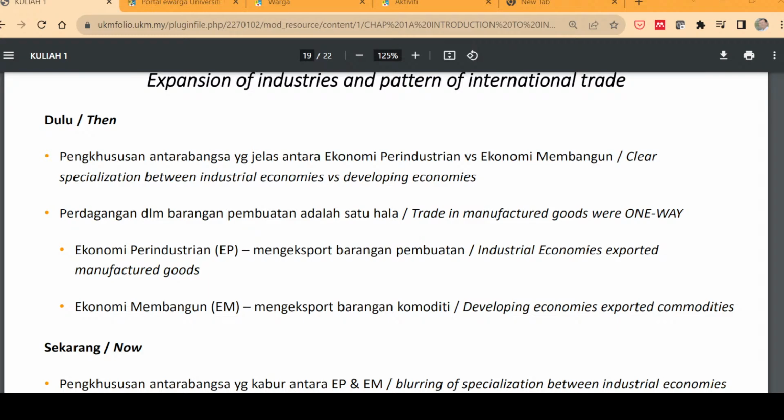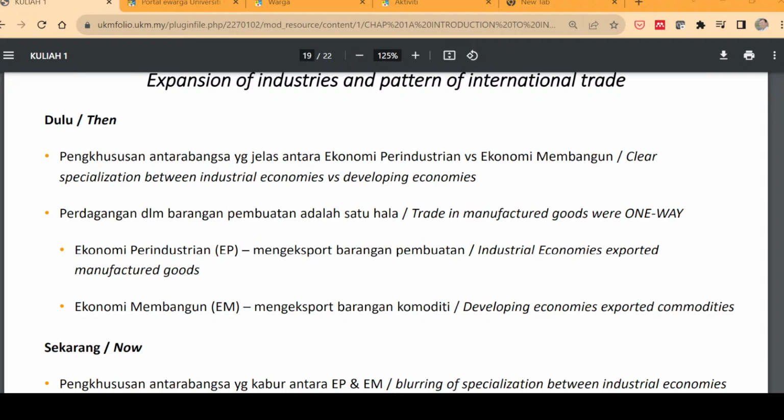The pattern of trade that we're discussing is manufactured goods. The movement of manufactured goods was one way up to the mid-80s. Which way?